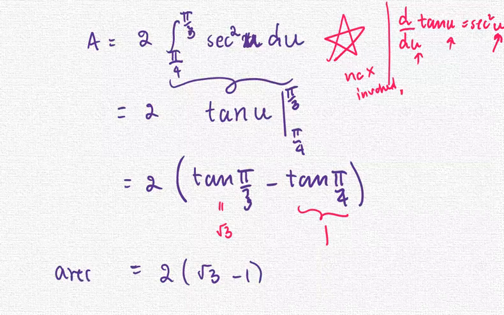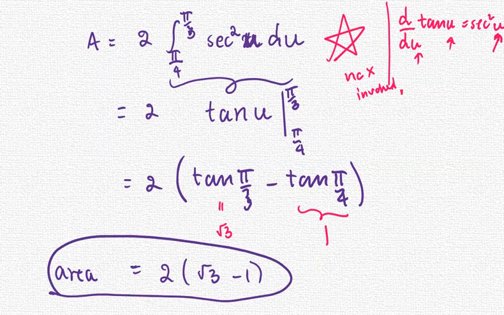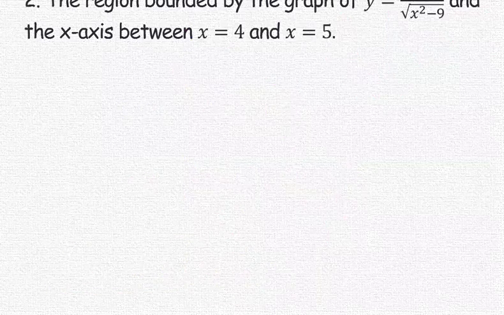So this represents the area between the graph of y equals secant square of x over 2 and the x-axis between pi over 2 and 2 pi over 3. Okay. Yep. And another example.